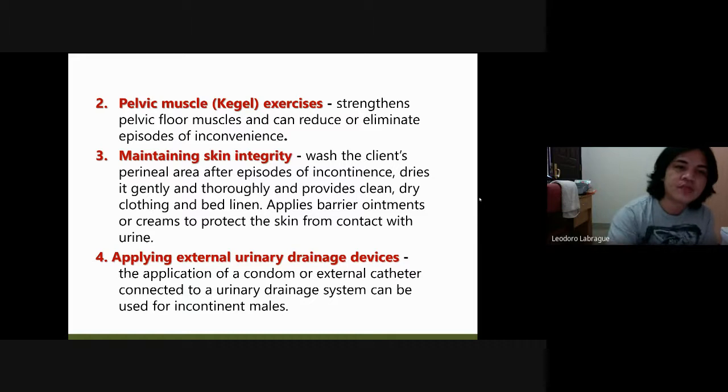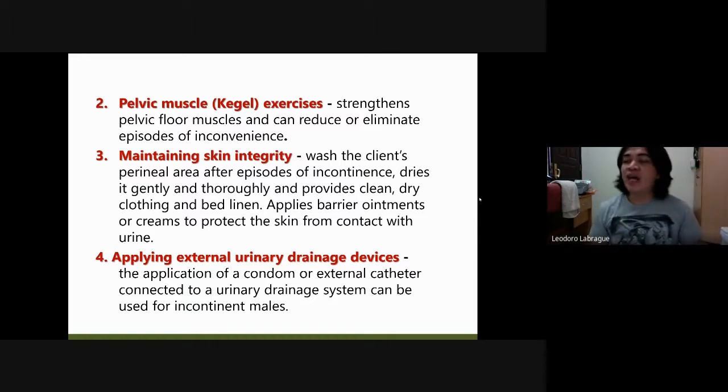Another example of management of urinary incontinence is pelvic muscle exercise. Do you know what Kegel exercise is? Pelvic muscle exercise, you try to practice your pelvic muscle. How do you do that?